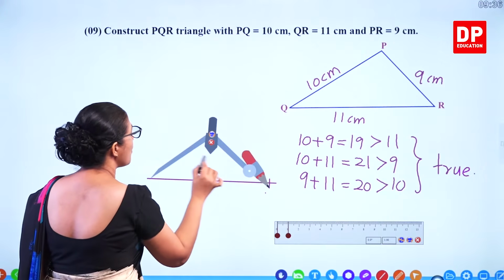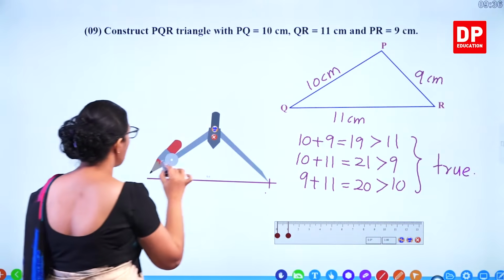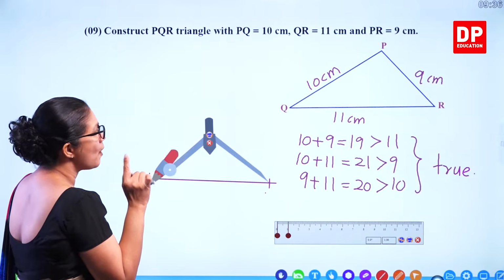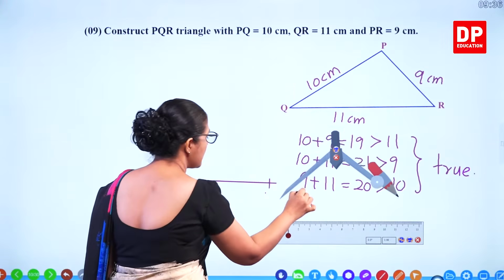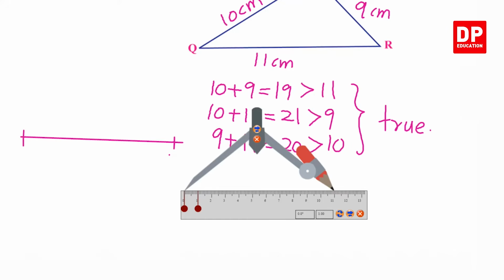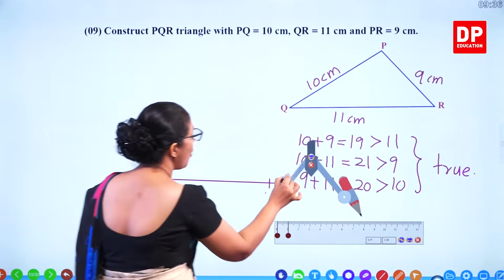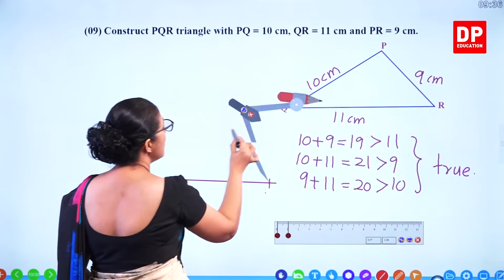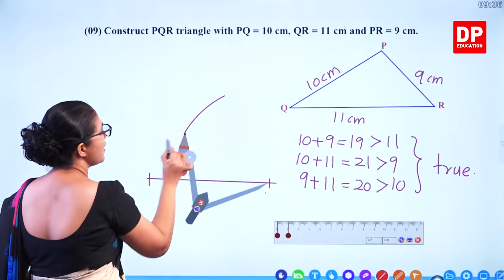You can draw the arc here and again the arc on the other side. So this is 11 centimeters. Now 9 centimeters on the other side. So we'll take 9 centimeters and draw the arc from here to this side. We'll draw it somewhere here.